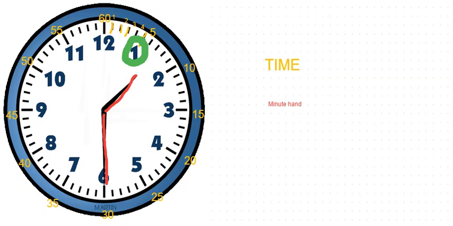This short arrow is the hour hand. One way to remember which arrow is which is to remember that since minute is a longer word than hour, the minute hand is the longer arrow.